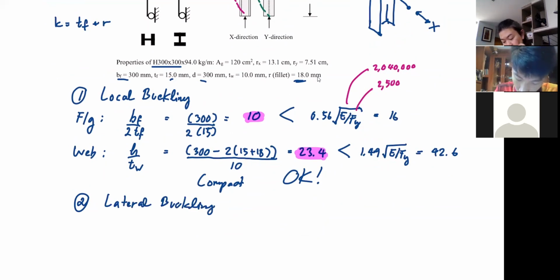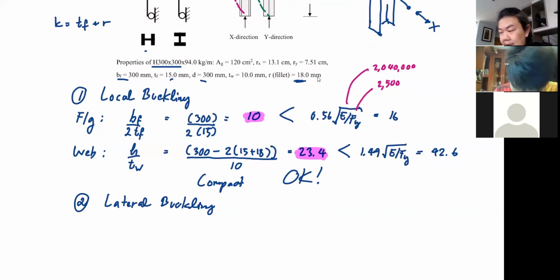Okay, and now you see, because this is the H shape that looks like this, that means we have the doubly symmetric section. It's doubly, right? Okay, not double, it's doubly symmetric, because doubly is an adverb that emphasizes the fact that you have symmetry on both axes.